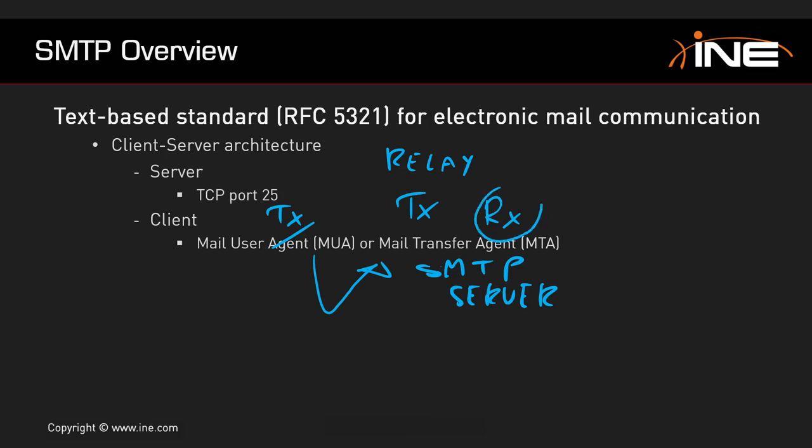It can either listen for those messages generated by our applications or maybe messages relayed by other servers, or it can simply act as a relay. So what I get from my Outlook, I'm going to then send to another SMTP server, possibly one that is responsible for ultimate processing of that message.